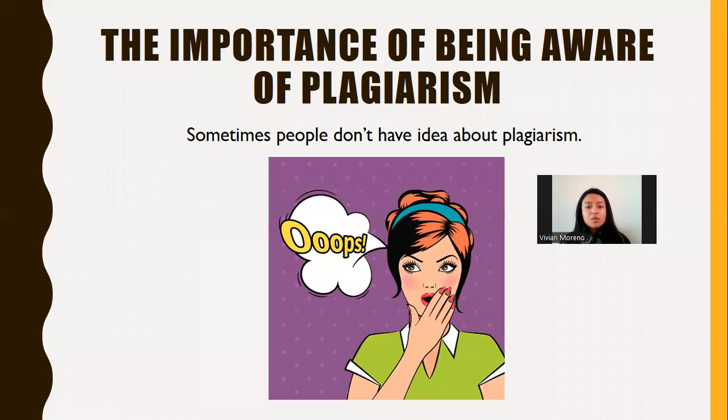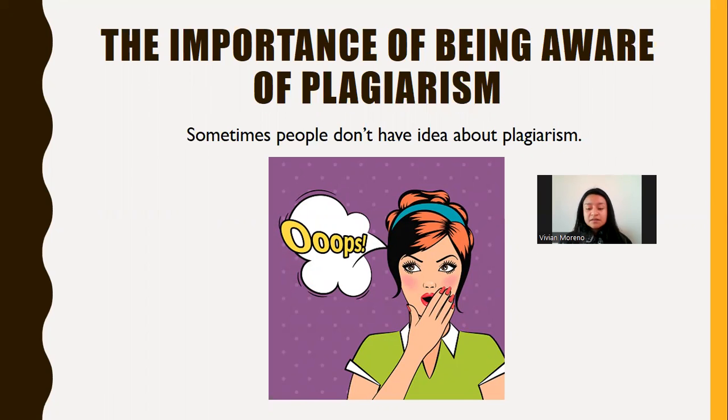Now, what is the importance of being aware of plagiarism? It is important to know because, as I mentioned before, this is a very serious issue. Unfortunately, sometimes people have no idea about plagiarism, or they can make this mistake unintentionally, right?